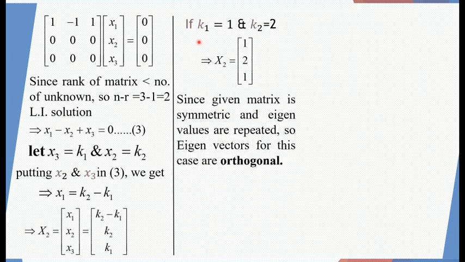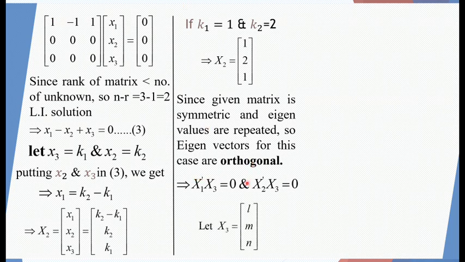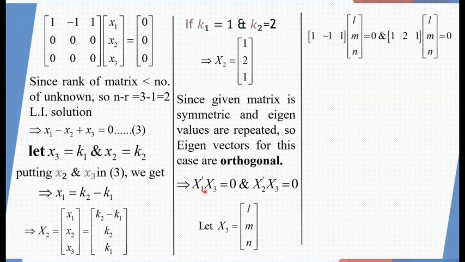So letting X3 be (L, M, N), the orthogonal property means X1 dash X3 equals 0 and X2 dash X3 also equals 0. X1 dash means the transpose of X1, which is (1, -1, 1), times X3 (L, M, N) equals 0, and when we transpose X2, it will be (1, 2, 1) as a row matrix times (L, M, N).